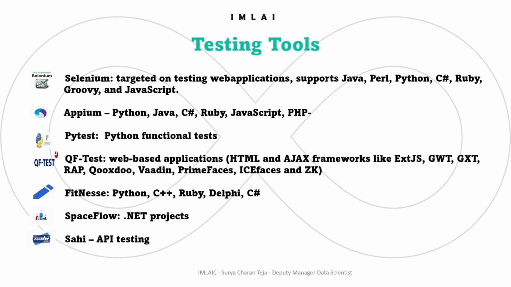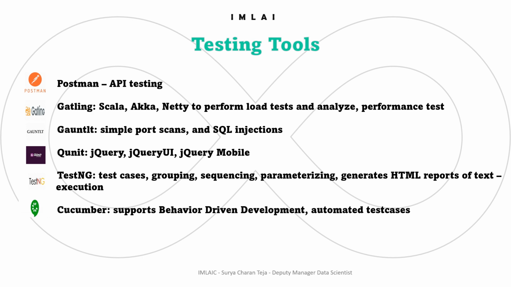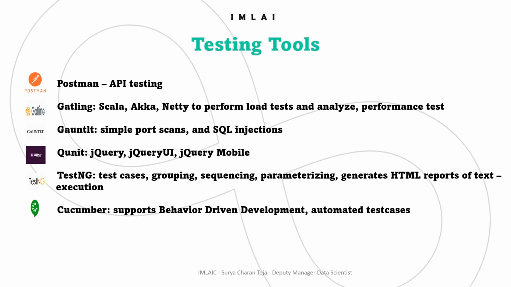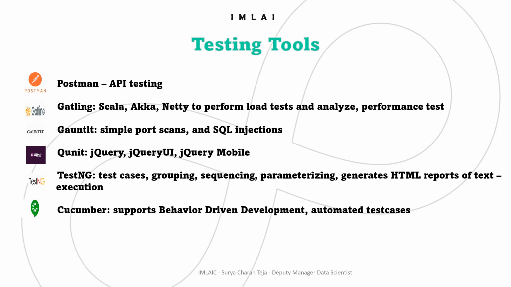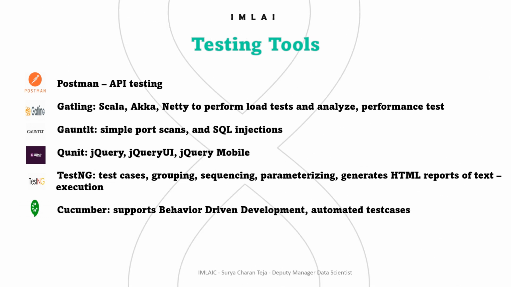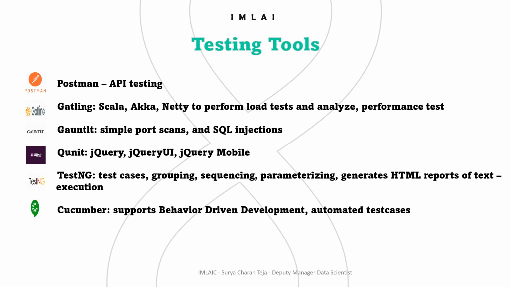PyTest is specifically used for ML applications. In addition to that, we have other tests, Sahi, API testing, and Postman. Postman is also used for API testing. Then there are more tools in testing, that is Postman API and Gatling, Gon, GonTLT, QUnit.